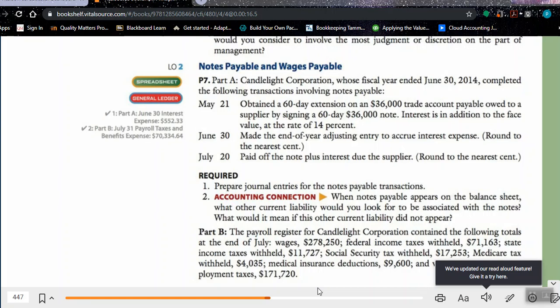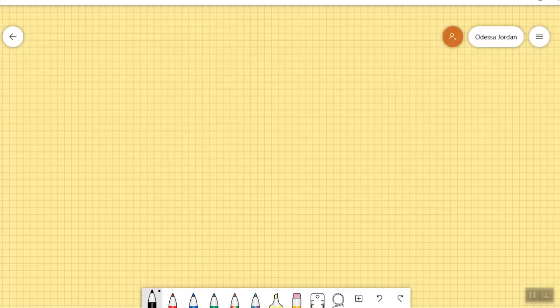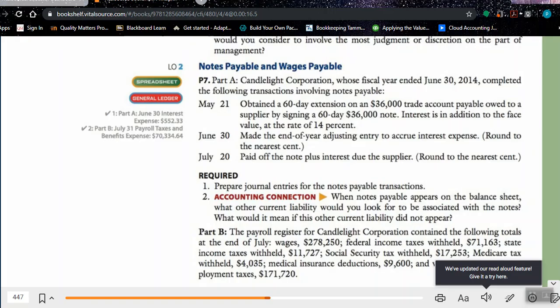All right, so let's go on ahead and work this problem out. We are going to show that we obtain a 60-day extension on a $36,000 trade account.